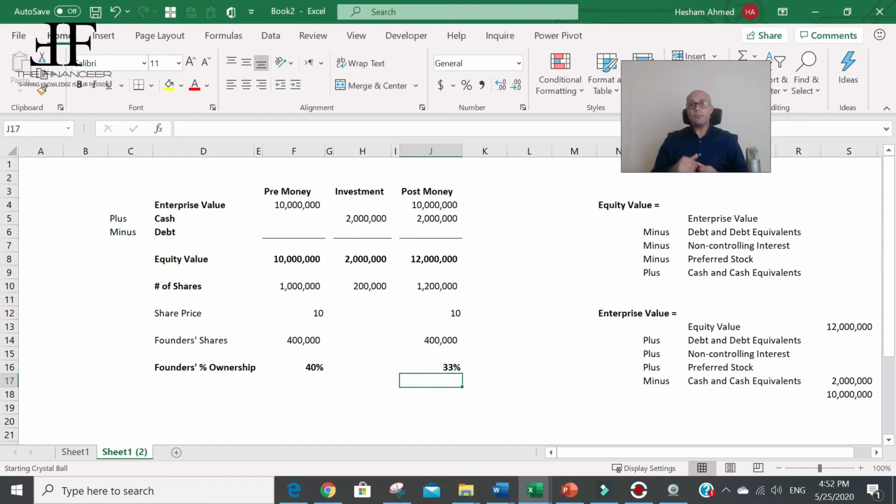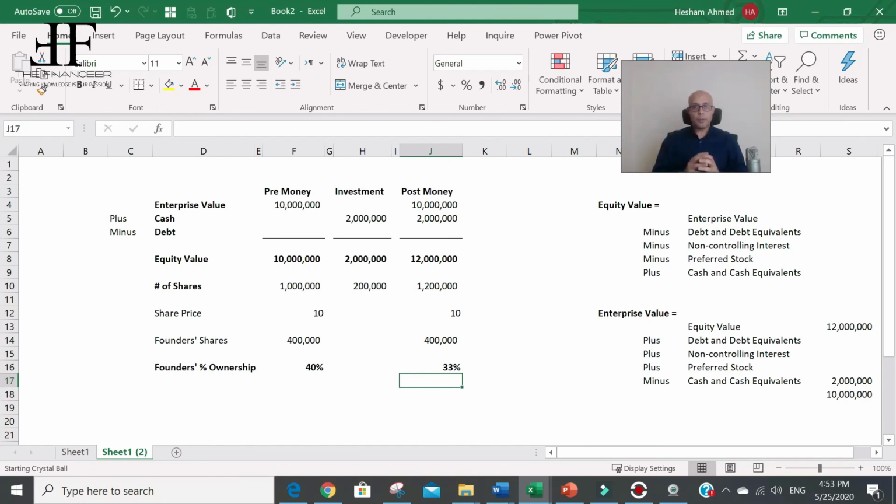That's why some angel investors or venture capitalists set one of the conditions in the term sheet: don't issue new shares unless you present it to us, so we can check whether we are going to participate in this investment or not. Why do they put this condition in the term sheet? Because they would like to maintain the same level of ownership percentage that they had in the beginning.